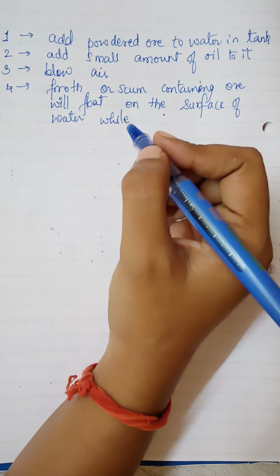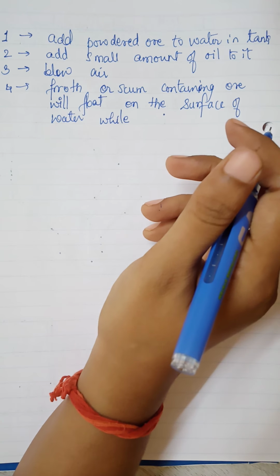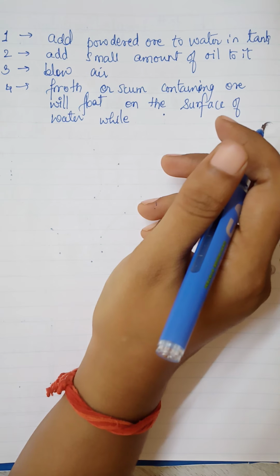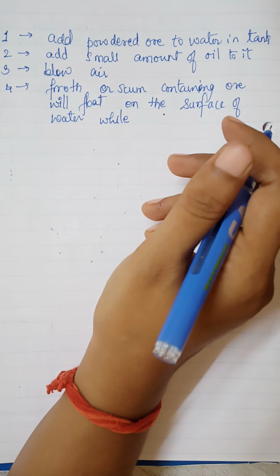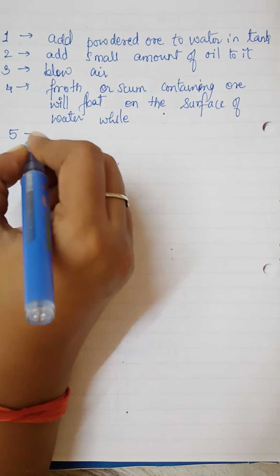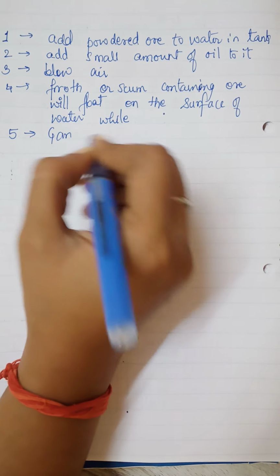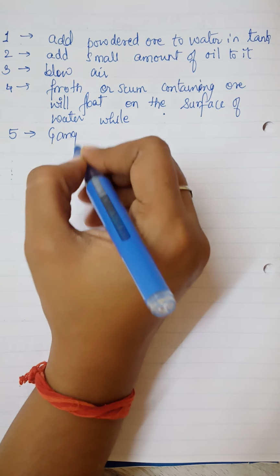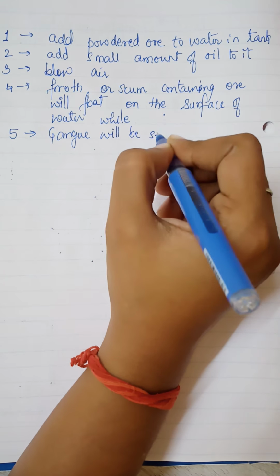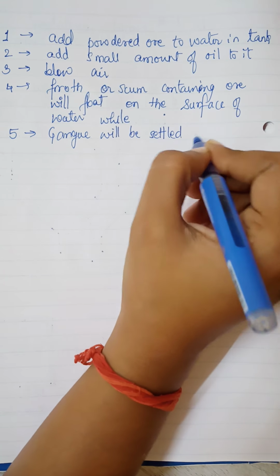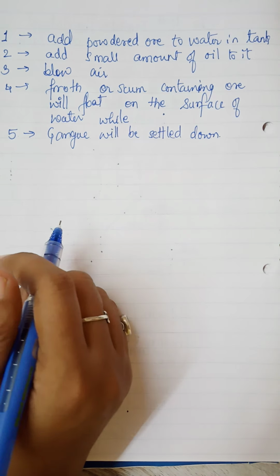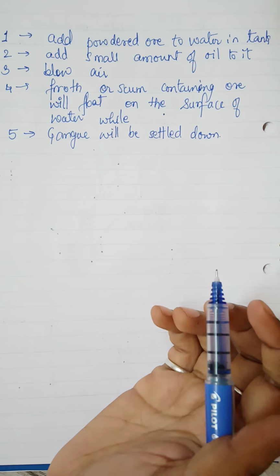Obviously this thing is floating on the water, right? So what is going to settle? The earthy matter, or gangue. So we'll write: gangue will be settled. So the froth or scum can be easily removed.